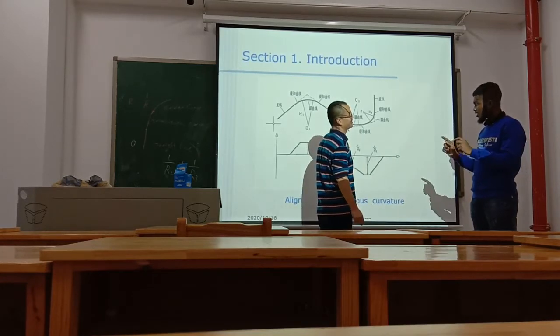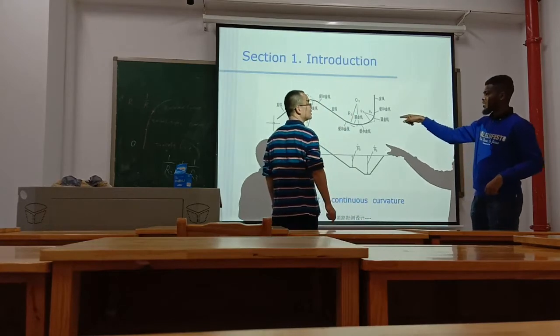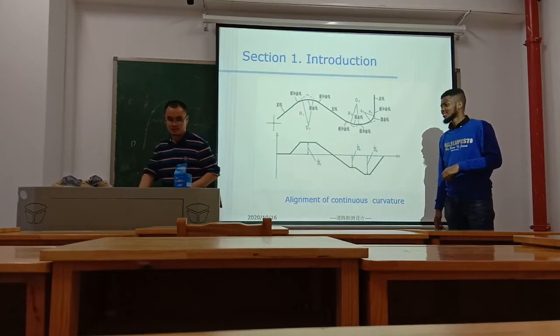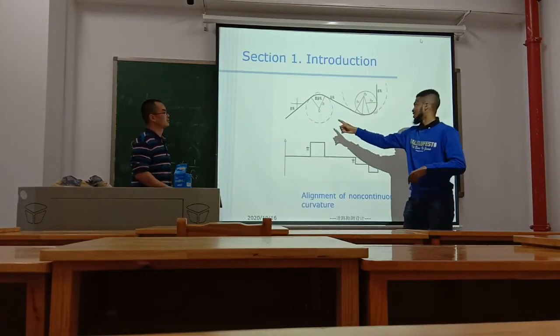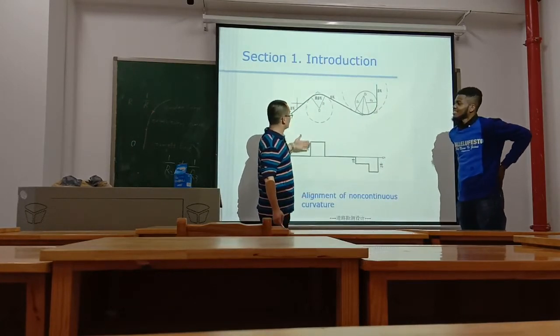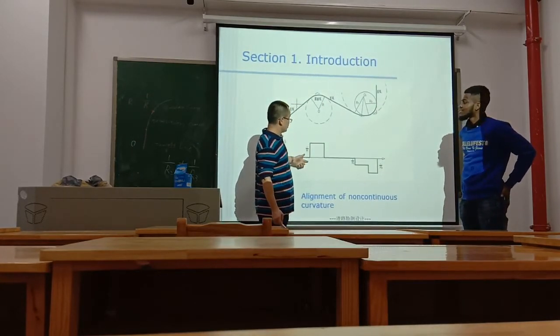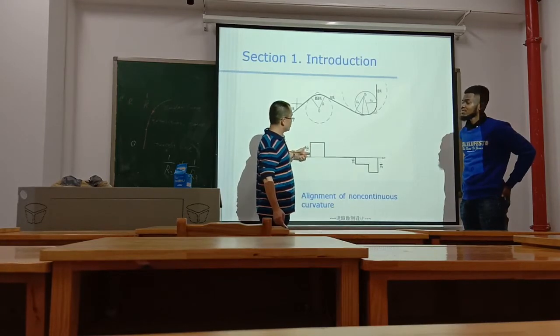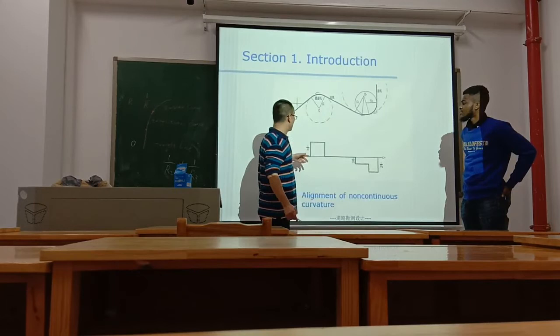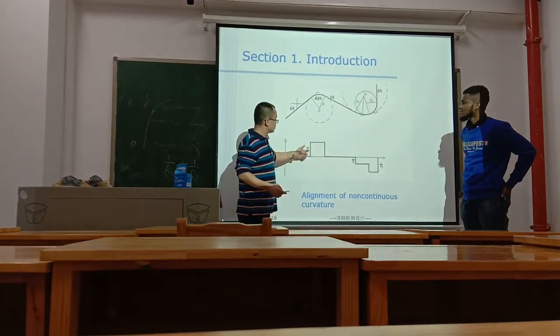Now, the image before this, the first image. So, no transition curve. This is a straight line. This is not continuous, because at this point there are two curvatures.